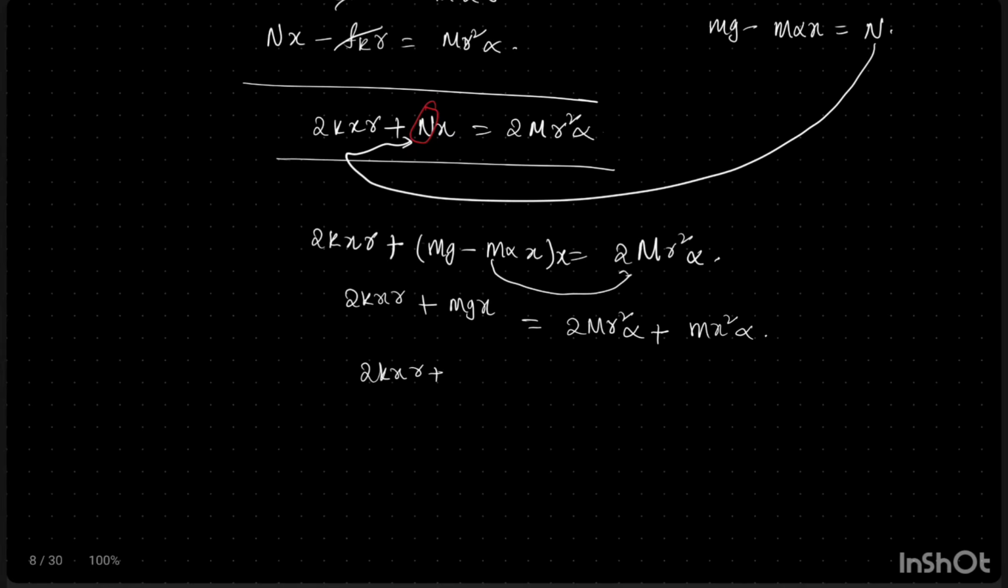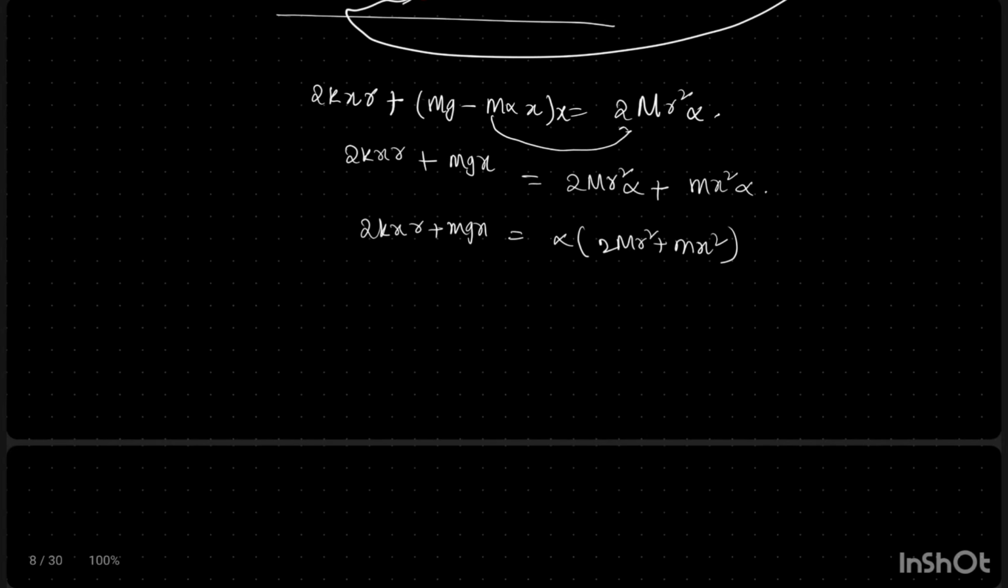2kxr plus mgx equal to alpha taking outside 2m r square plus m x square, and sending it this side: 2kxr plus mgx divided by 2m r square plus m x square. This is alpha, but in pure rolling we know r into alpha is acceleration.